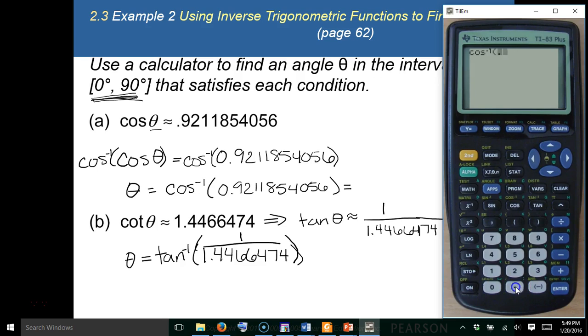And you put in your long decimal number, 0.9211. Then close your parentheses, hit enter, and there you go. So we have an approximate angle measurement of 22.8999, repeating, looks like, degrees.